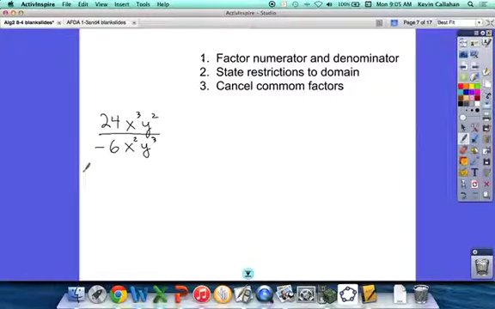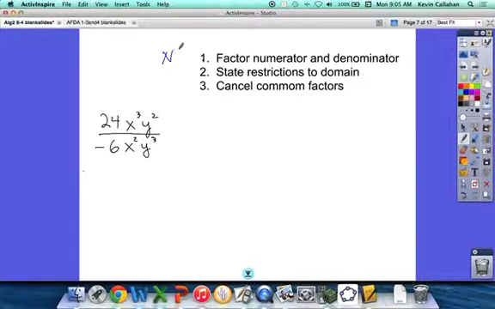This is the kind of problem we did at the very beginning of the last chapter when we had to practice the properties of exponents before we ever got to this stuff. So if you have something like this, then you don't have to worry about this first step right here.